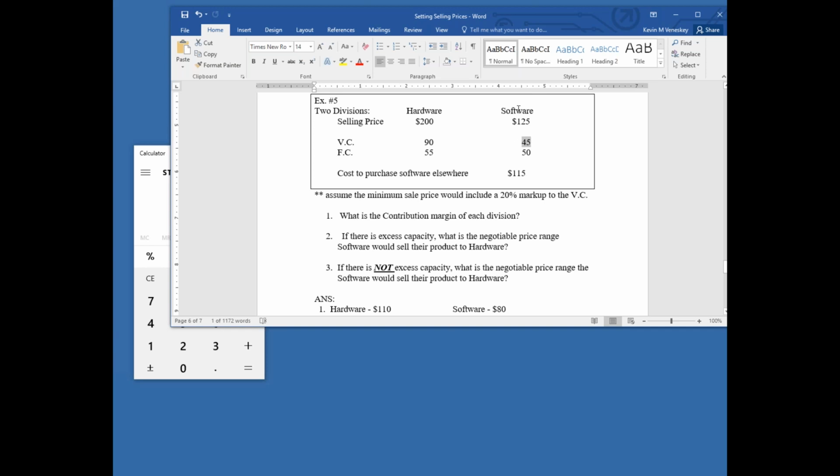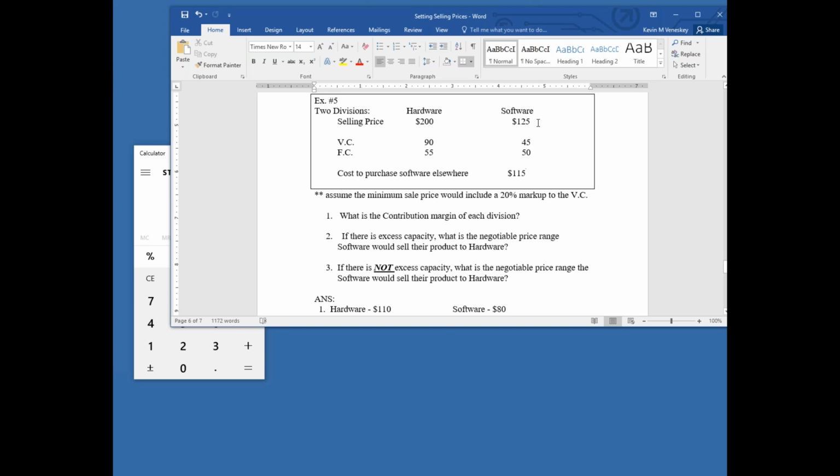And the software probably doesn't know how much the hardware is paying right now to get software. So the hardware company is paying an outside vendor $115. We currently charge for the similar thing $125. So the hardware isn't going to want to buy from us because they're going to pay an extra $10.